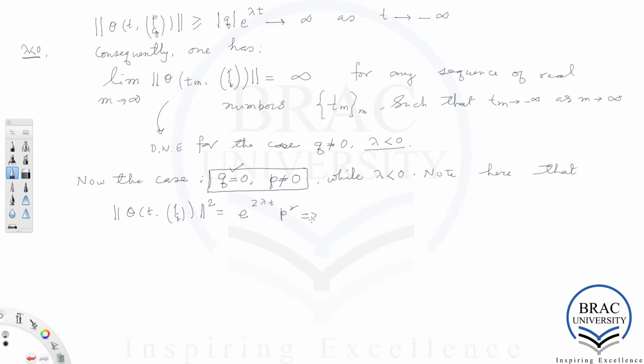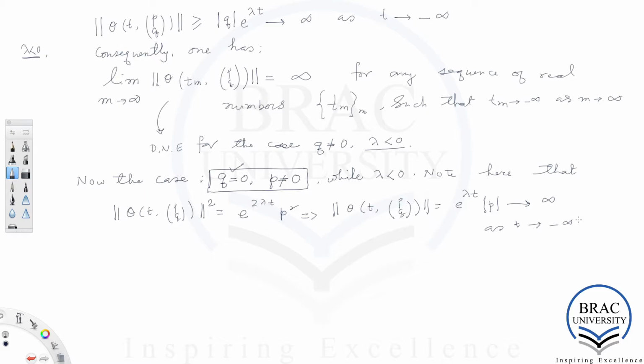And this implies that the norm itself is going to be equal to e to the lambda t times the absolute value of p, and this goes to infinity as t approaches negative infinity. Why? Because lambda is negative as earlier. So again we have the same result, meaning that the limiting expression does not exist.